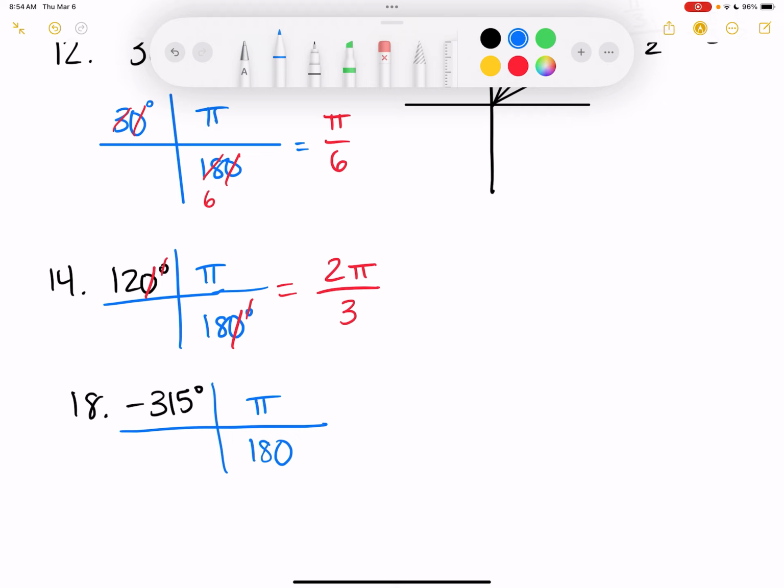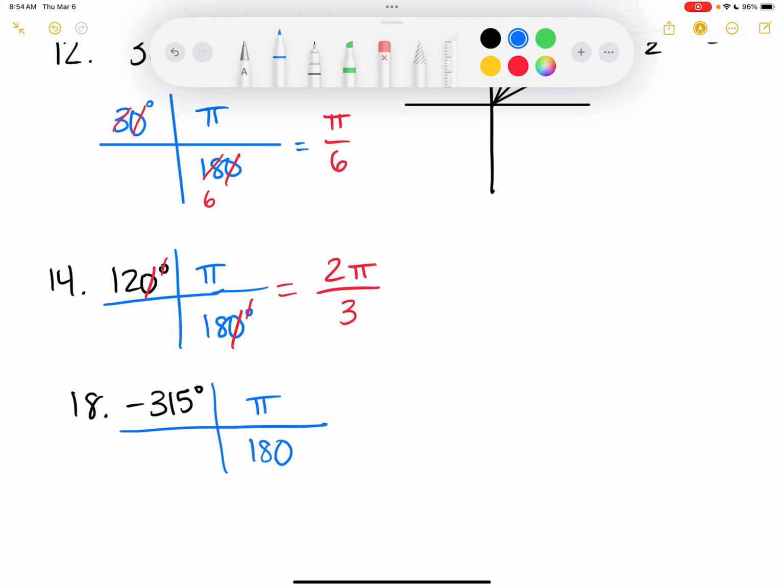In this case, I can't just cancel a 0 off. So I'm going to see if I can take out a 5. I know 5 will work. So 315.